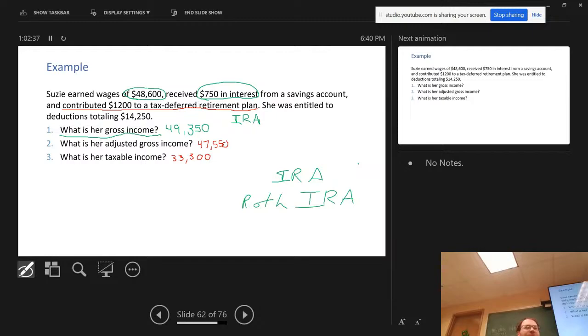But then in retirement, when you go to take it out, it is all going to be tax-free. Typically, the younger that you are, the more likely you'll benefit from the Roth IRA, from what I've heard. But basically, it's just when do you want to pay tax on your retirement stuff?